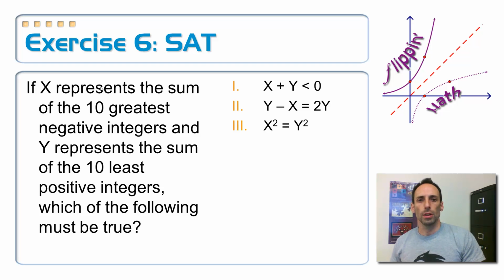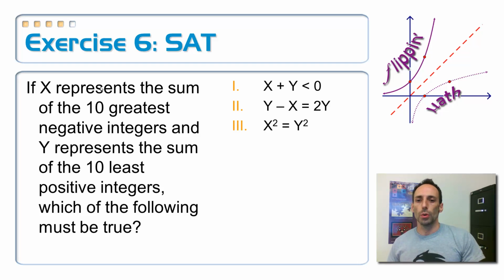Really? They're asking me a question like that? And the other thing is that this is one of those Roman numeral answer choice ones where you have 1, 2, and 3, and then you have to pick the combination of those 3 things that are always true. Or maybe they're always false, or whatever the question might ask. And so you have something like 1 only, 2 only, 1, 2, 1, 2, 3.